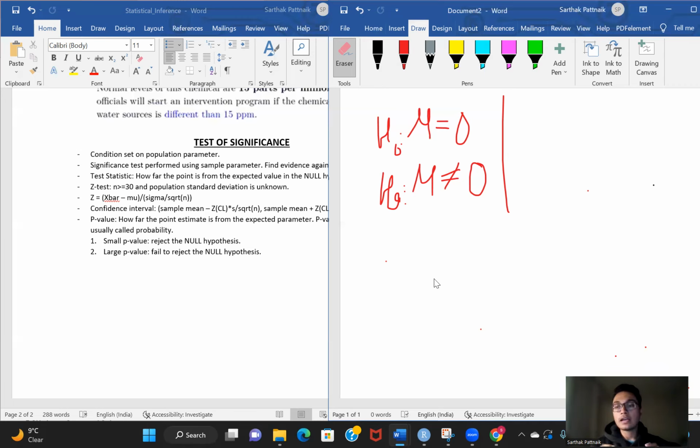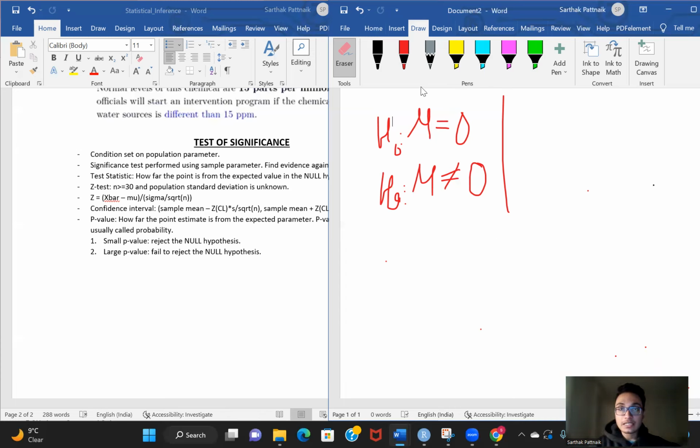Now we apply Z test to a sample where there are two a priori conditions. The first is that the number of samples taken should be greater than or equal to 30. Here, the concept of CLT applies once again, and the distribution of the sample means turns out to be a normal distribution. The second a priori assumption is about the population standard deviation.